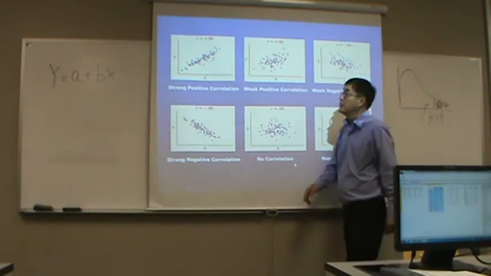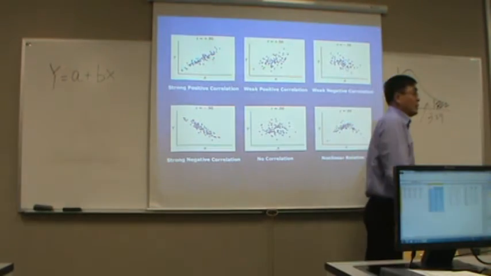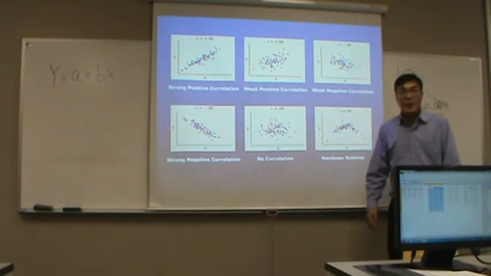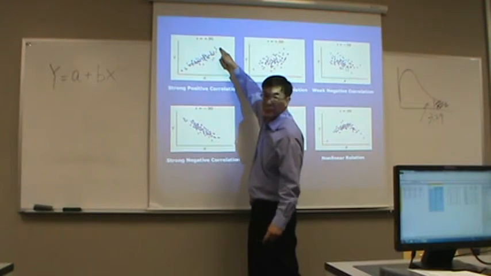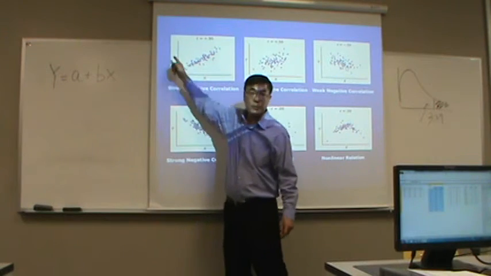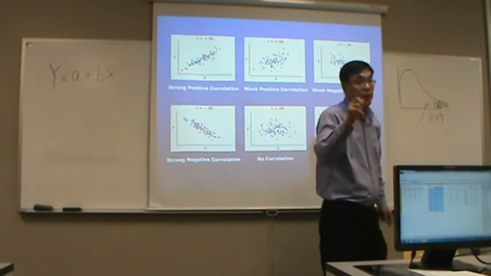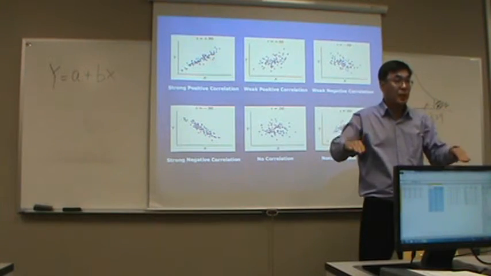If R is closer to +1, this direction, that means x increases, y increases, such as temperature and ice cream, they move together in the same direction.